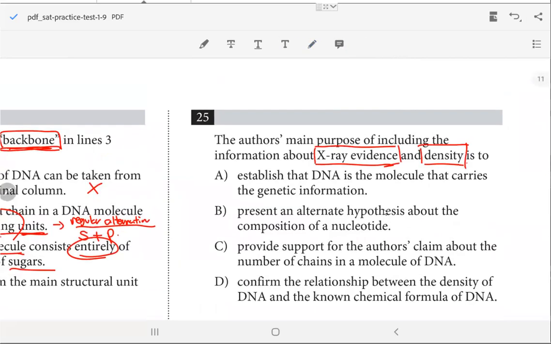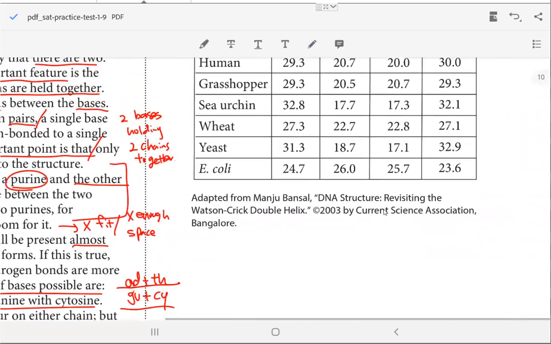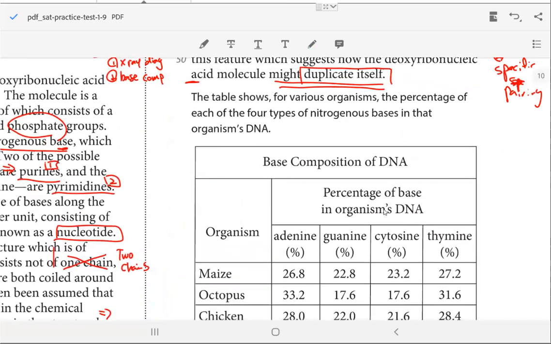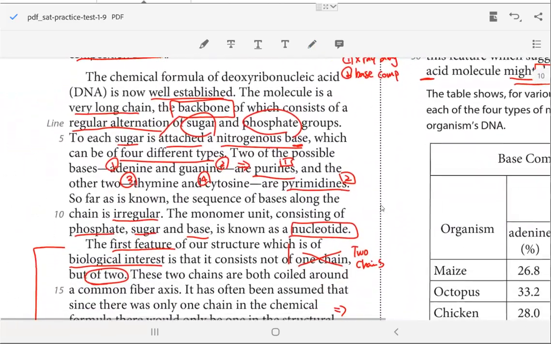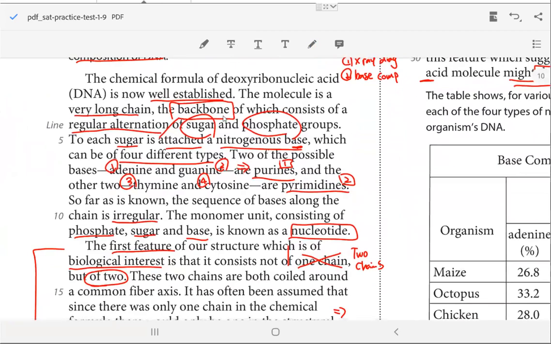자, 같이 읽었었죠? 자, 그러면은 찾아봅시다. 어떤 내용을 증명할 때 엑스레이를 사용했었죠? 백본이고 베이스가 있고 쭉쭉쭉쭉 있고요.